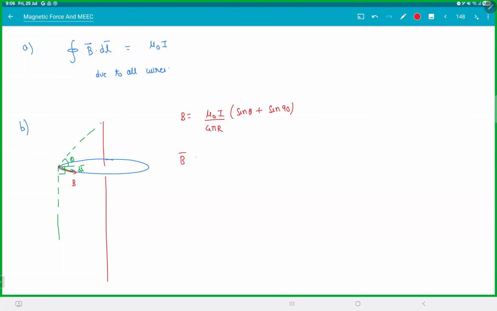Here B bar is parallel to DL. So integral B dot DL will be mu naught I by 4 pi r, 1 plus sine theta, times dl, and the angle between them is 0.